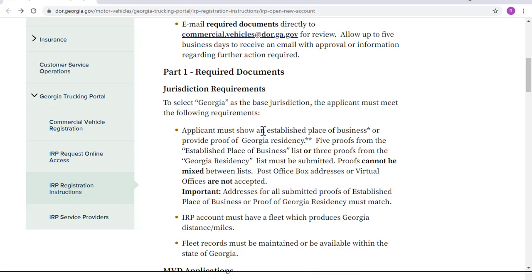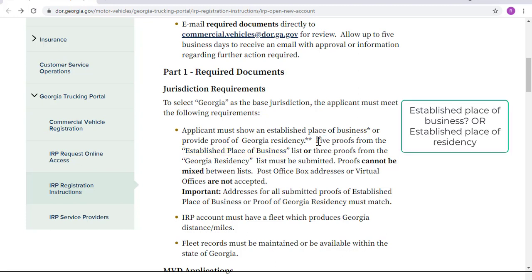Applicant must show an established place of business. Well, okay, I can do that. I can show an established place of business. How hard could that be if I'm a resident of Georgia? Or provide proof of Georgia residency. Okay, 5 proofs from the established place of business list, or 3 proofs.